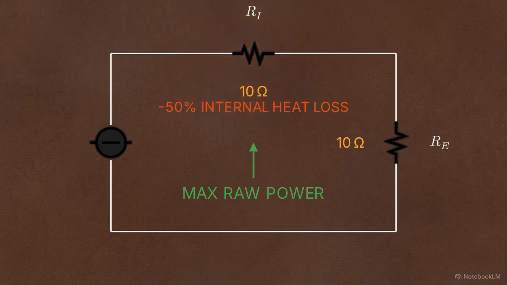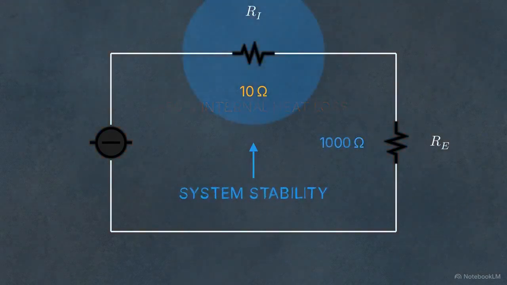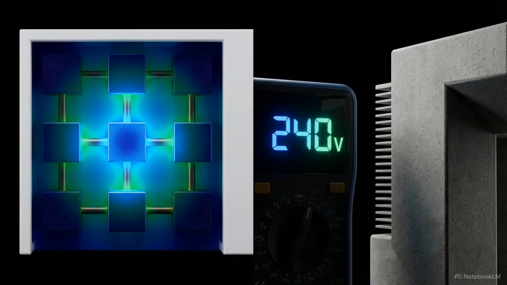To achieve high voltage efficiency and prevent the system from overheating, the external resistance must be engineered to be at least 100 times higher than the internal resistance. We sacrifice maximum raw power to ensure system stability. Subsurface thermodynamic harvesting relies on precise electrical balancing. Maximizing output requires navigating the strict physical limits of internal resistance to maintain system stability.